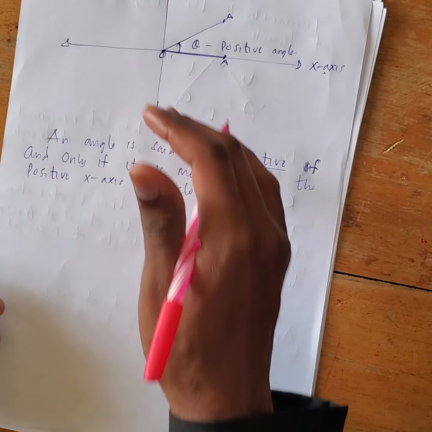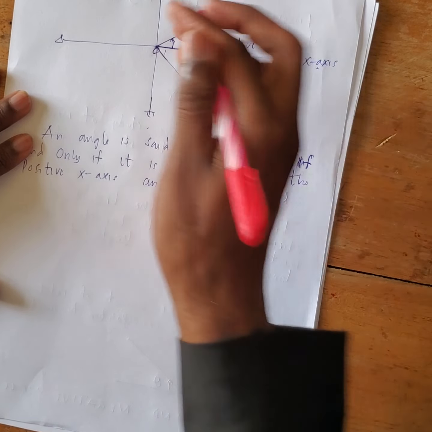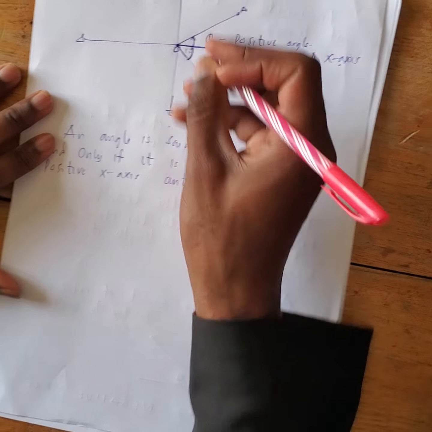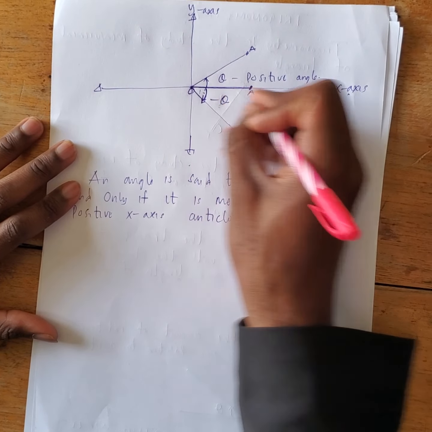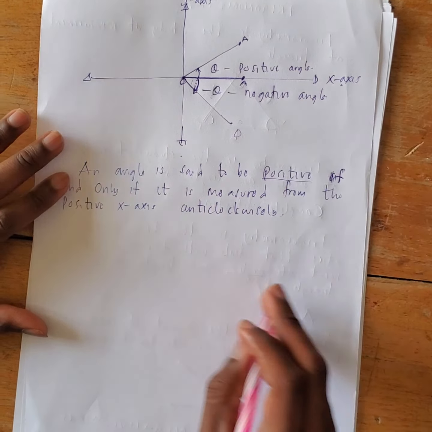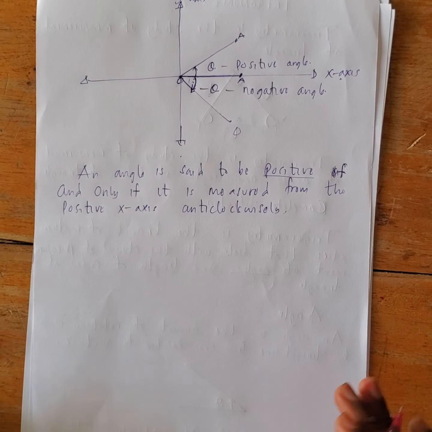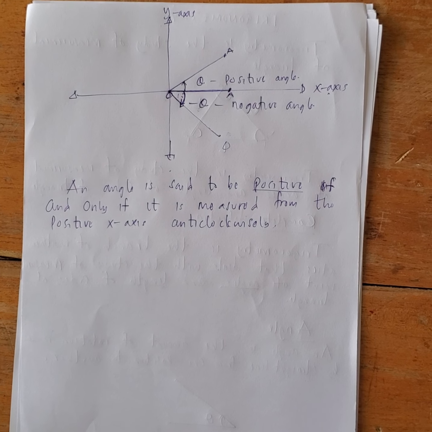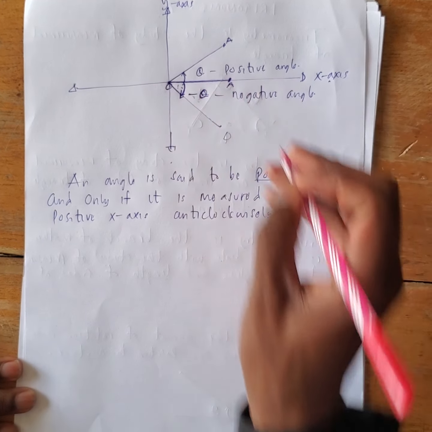So an angle is said to be negative if and only if it is measured from the positive x-axis clockwise. When it is measured from the positive x-axis clockwise, we are going to get a negative angle.